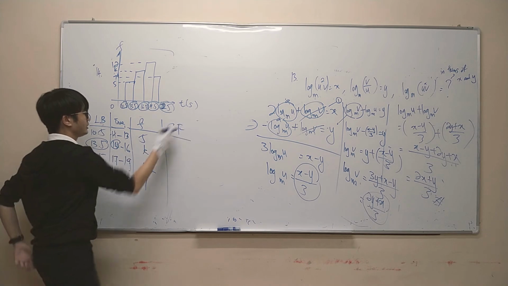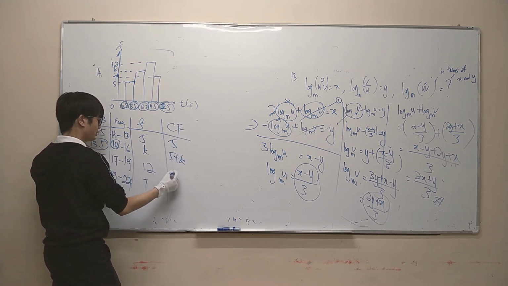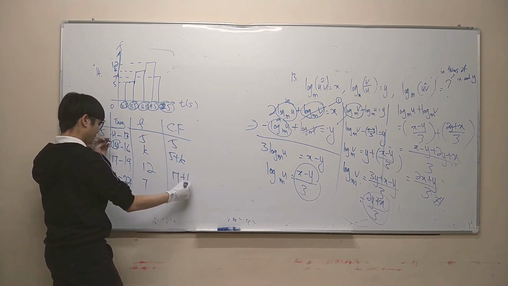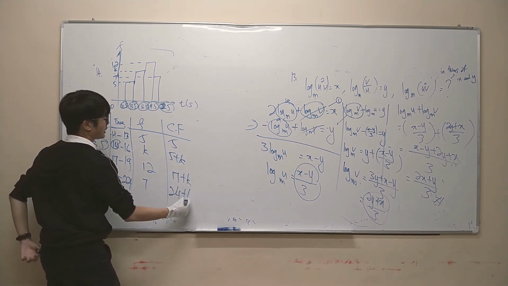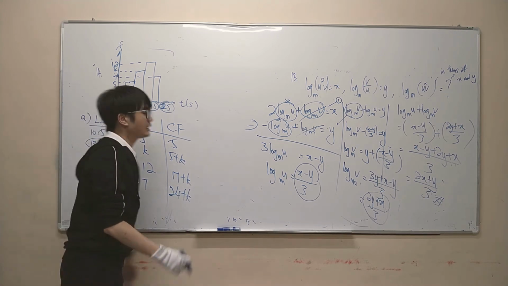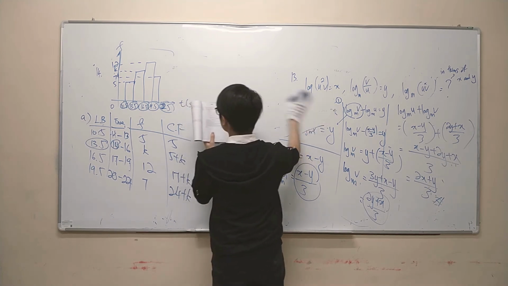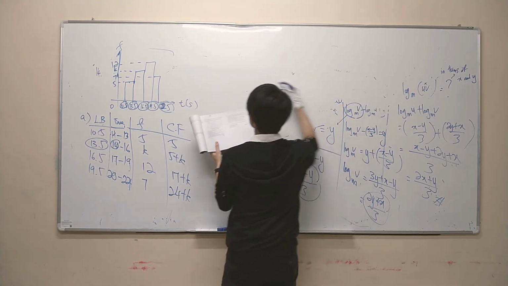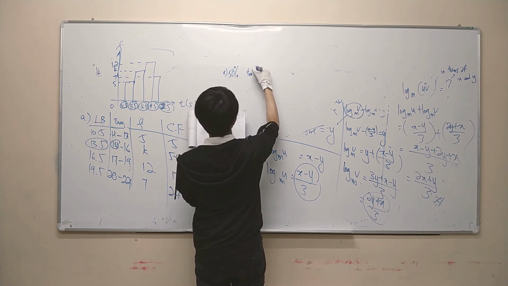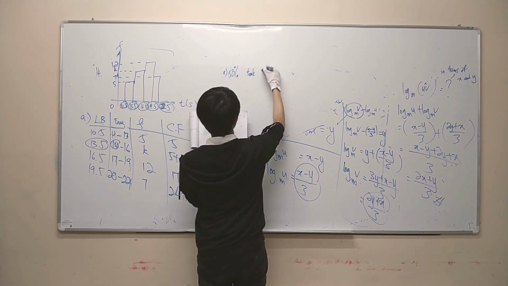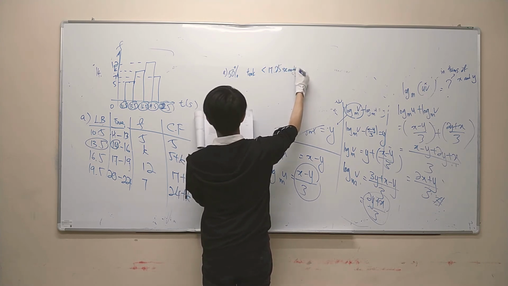Okay, what about the cumulative? 5 plus K, 5 plus K plus 12, so 17 plus K, right? And then 17 plus K plus 7, 24 plus K. And then tadi dia kata apa? Soalan, I forgot already. 50% of the athletes took less than 17.25 seconds.